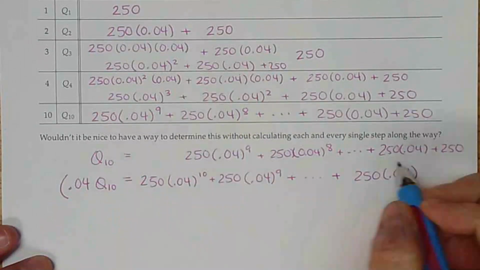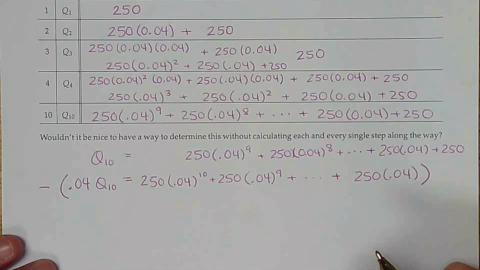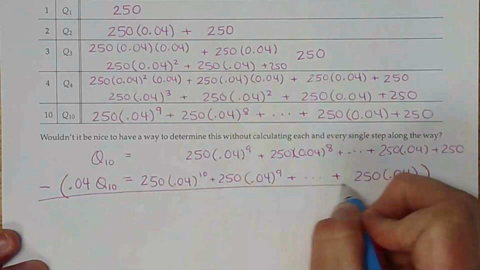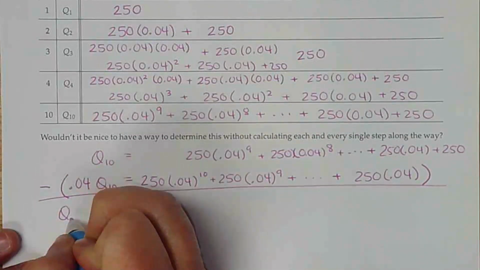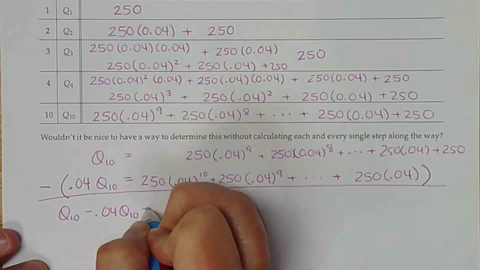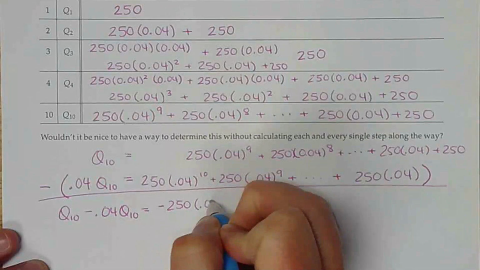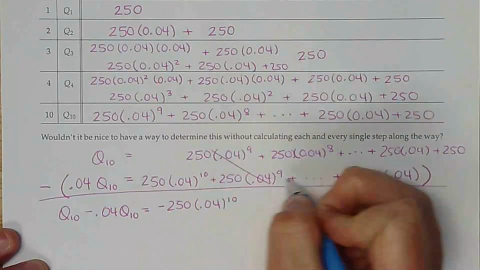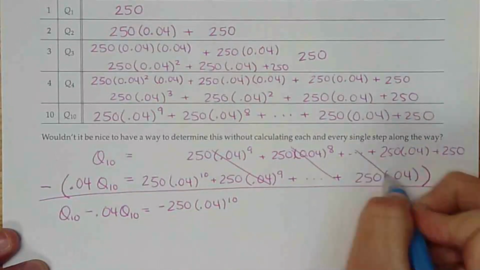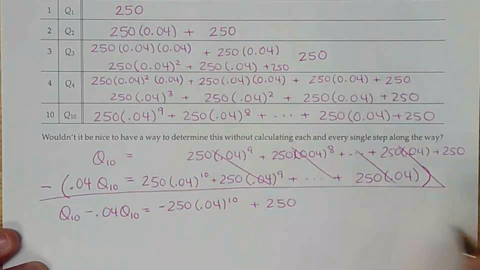Now I'm going to take Q10 and subtract the 4% of Q10. That gives me Q10 minus 0.04 Q10 equals negative 250 times 0.04 to the 10th, and then all of these terms cancel out all the way down to the end, so I get plus 250.